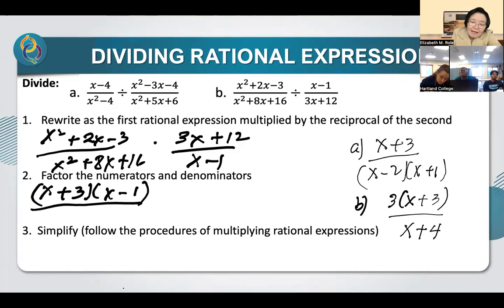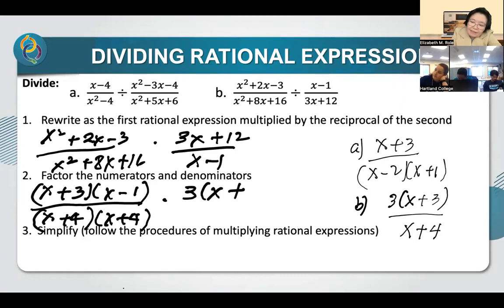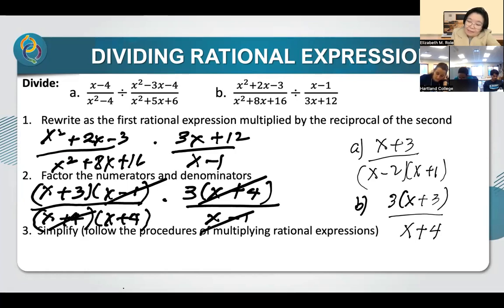We call it a perfect square trinomial, so it will be x plus 4 times x plus 4. The common factor in 3x plus 12 is 3, giving 3 times x plus 4 over x minus 1. So x plus 4 cancels with x plus 4, and x minus 1 cancels with x minus 1. What remains is 3 times x plus 3 over x plus 4.